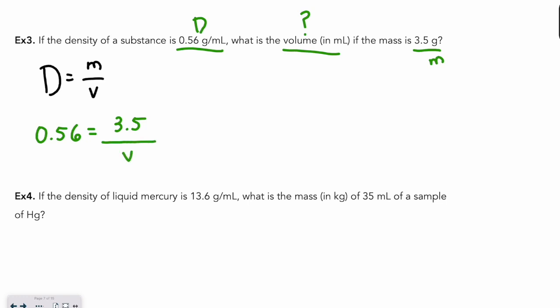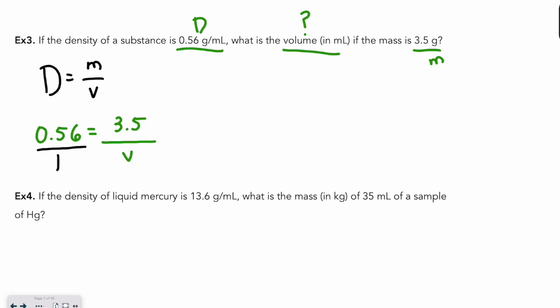Now, a lot of students will just panic and randomly multiply. Whenever you see a situation like this where you have a variable on the bottom, we are now going to be in math mode. So math mode tells us that if you've got this situation here, we need to cross multiply because we need to get this volume, this variable, out of the bottom. So here's what you do.